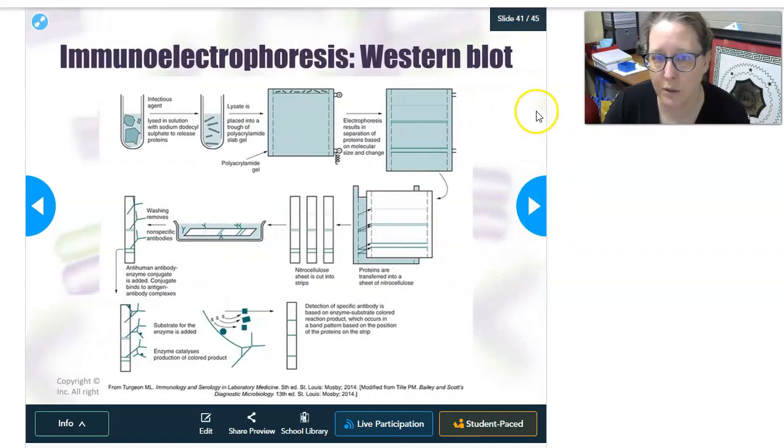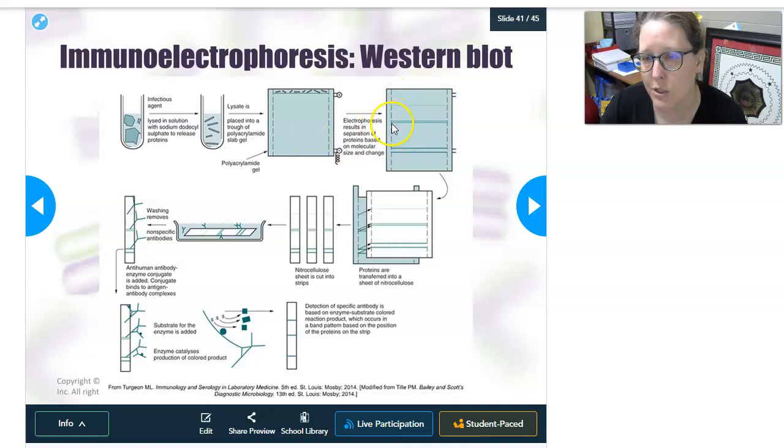This is how the Western blot works. So you have your infectious agent. For example, the Western blot was the test of choice to confirm HIV. So let's say you have your HIV, you have your lysate here, and then you have a polyacrylamide gel. You load your sample lysate in here with the different samples. You run your electrophoresis. This is just one band. You have your sample right here. The proteins migrate via charge and size across the gel.